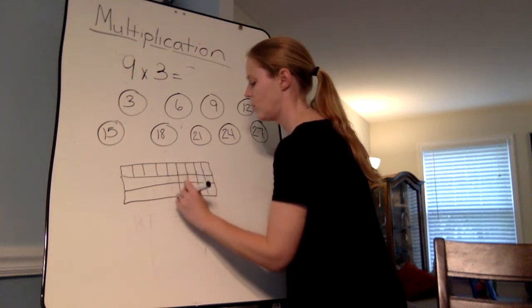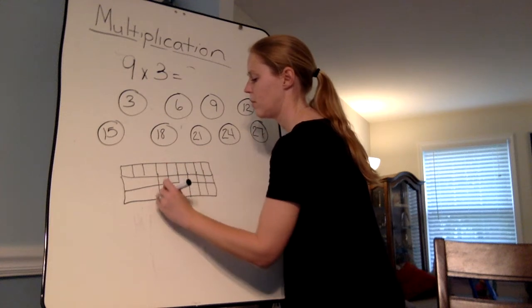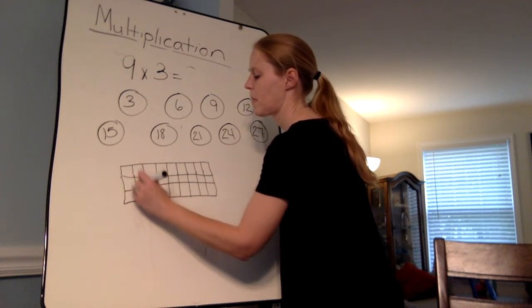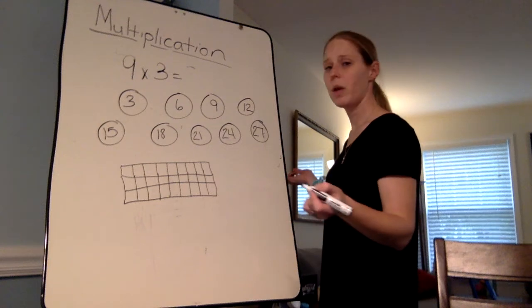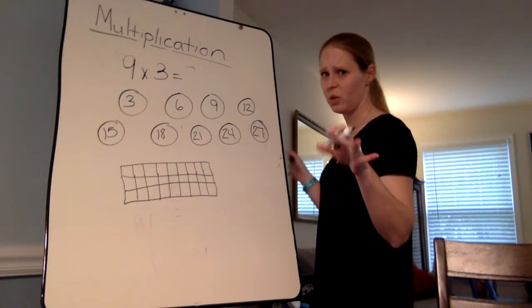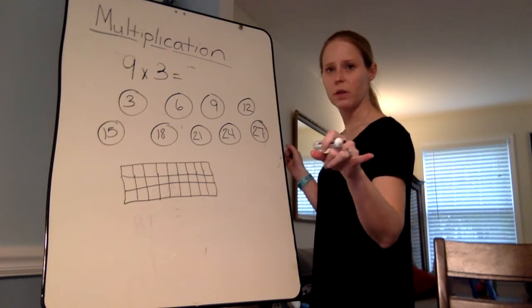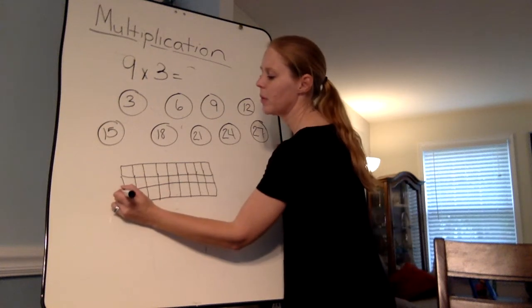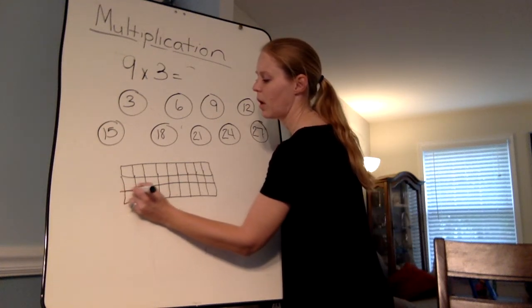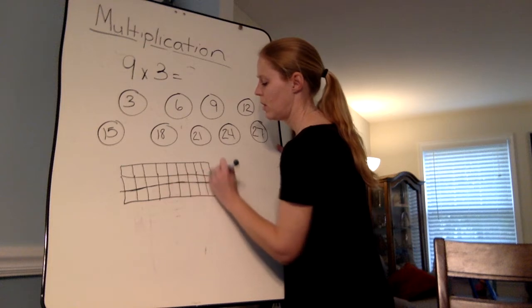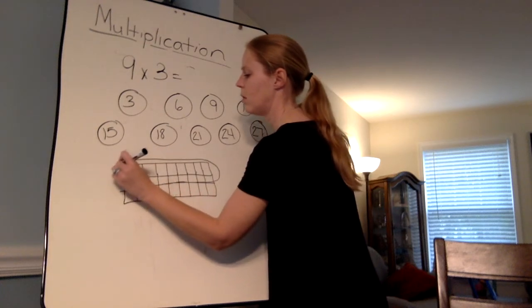You guys are so much better at drawing these than I am. So now I've got my array. I don't like my 9s too much, so I'm going to do things a little differently this time. I'm going to go through and I'm going to do just this one right now.